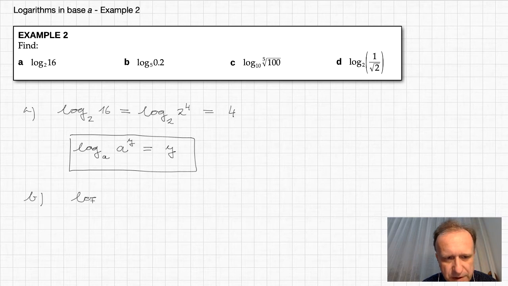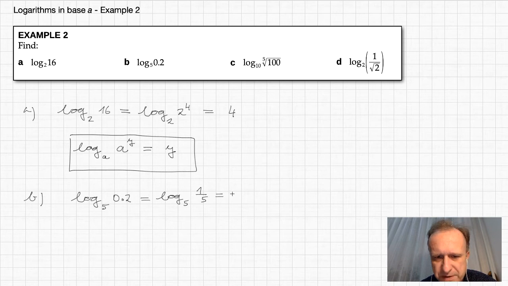So we have the logarithm in base 5 of the number 0.2. So we should aim for expressing 0.2 as an exponential in base 5. So this is the logarithm in base 5 of. Now 0.2 is 2 over 10 or 1 over 5. 1 over 5 is exactly 0.2.